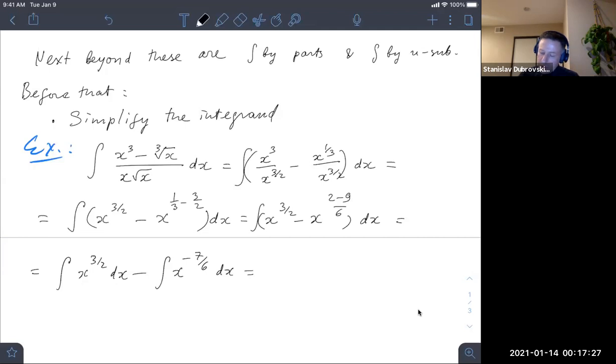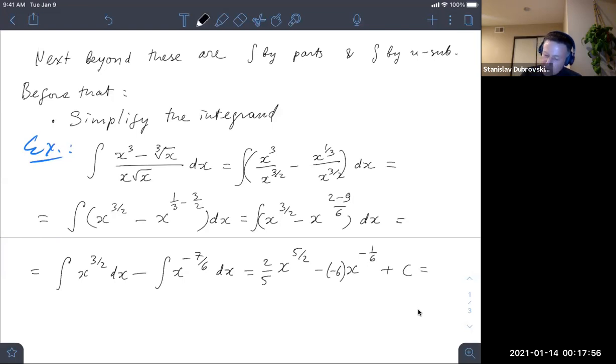Of course, all you have to do is to use the power rule in reverse. So you are adding 1 to get 5 halves, multiply by 2/5. And here you would add 1 to get -1/6, multiply by -6, plus c. Check it if you like.